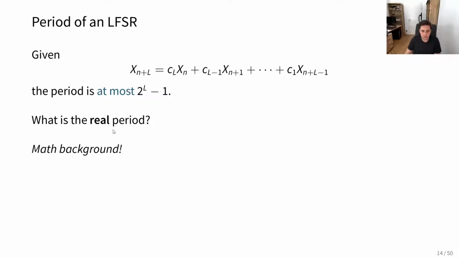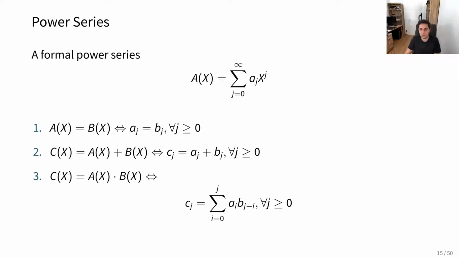And we need some, not so much, but some math background for that. And here I want to start with the power series. So a formal power series is defined this way here, and we have some properties, of course. For example, two power series are the same if every coefficient is the same.